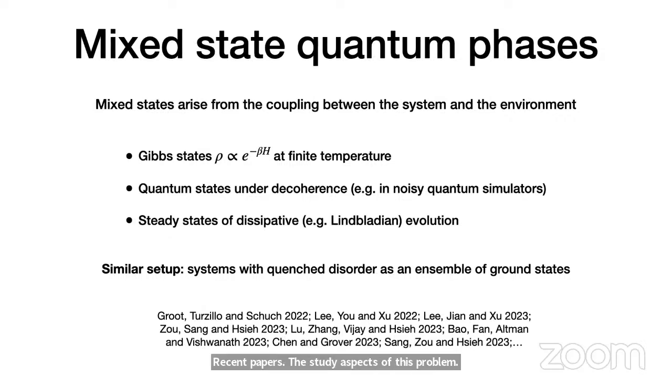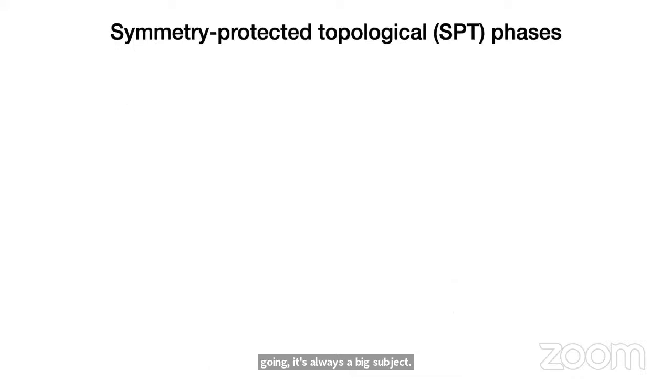Okay, so it's obviously a big subject. So I'm going to discuss one small part of it, which we have some understanding. Okay? And this is the problem of basically generalizing the notion of symmetry-protected topological phase to mixed states.